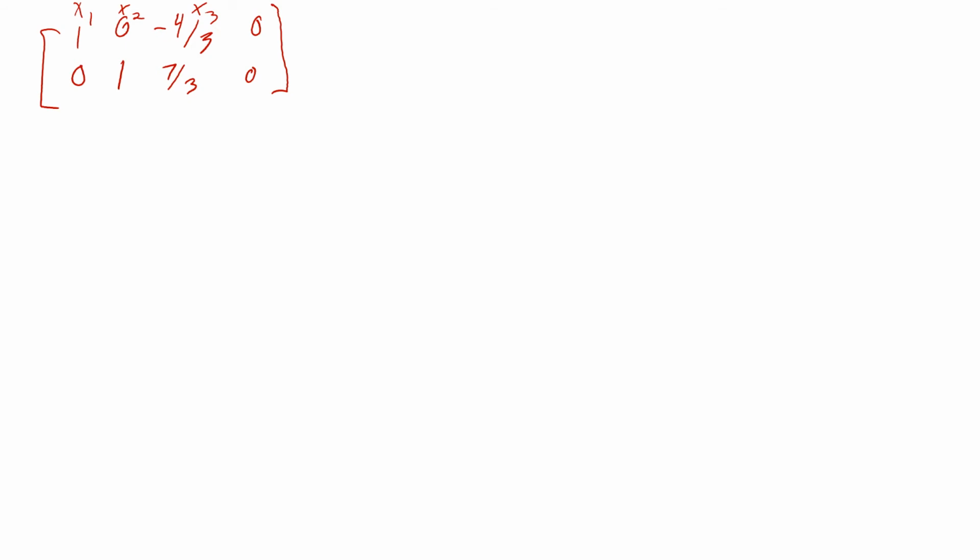So what are the equations here? First row is x1 minus 4 over 3 x3 is equal to 0. The second one says that x2 plus 7 over 3 times x3 equals 0. And any variables x1, x2, and x3 that satisfy these two equations are in the null space. This is the solution to our system of linear equations.